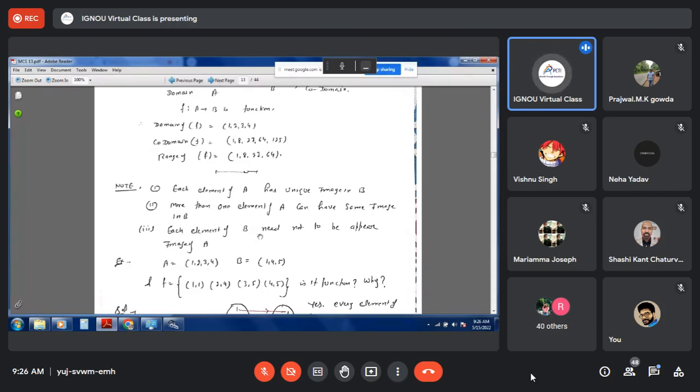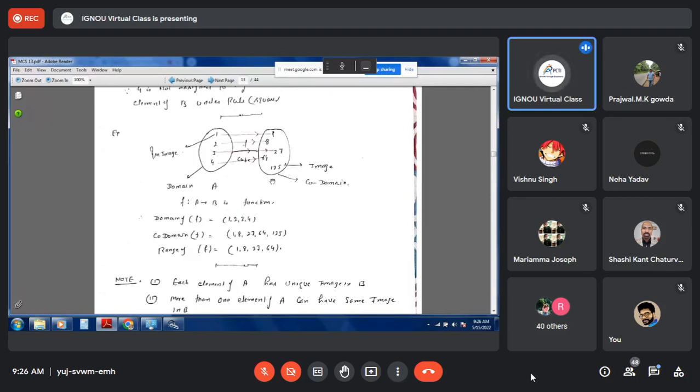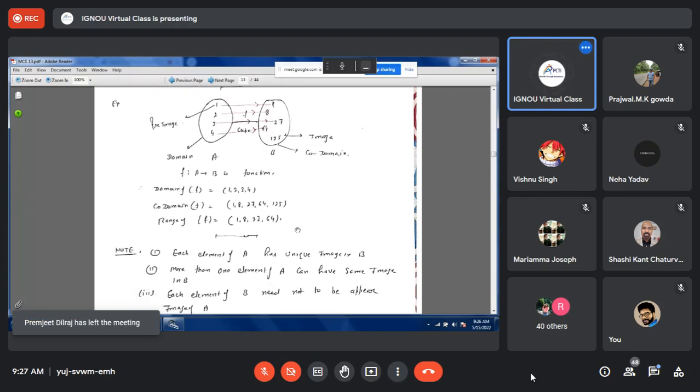Each element of B need not appear as the image of A. That we know from the very first example. Let's see 125. It is present here. There is no need that its pre-image is present. It may be or it may not be.